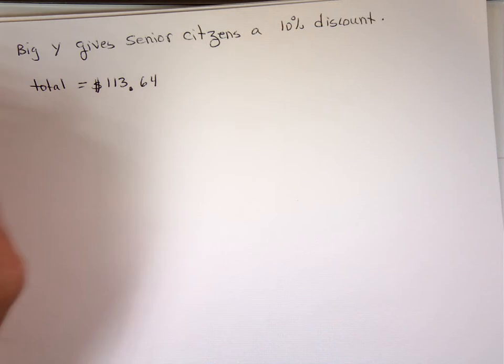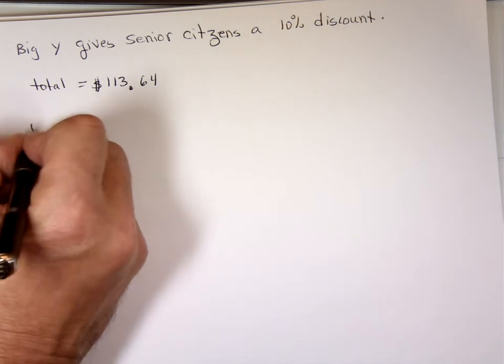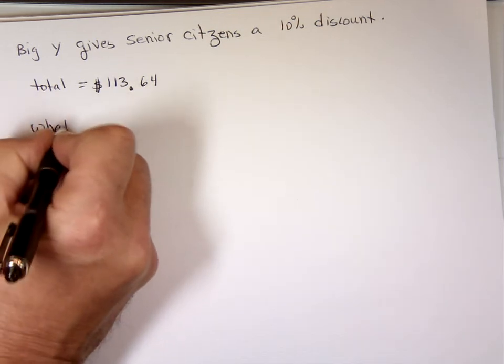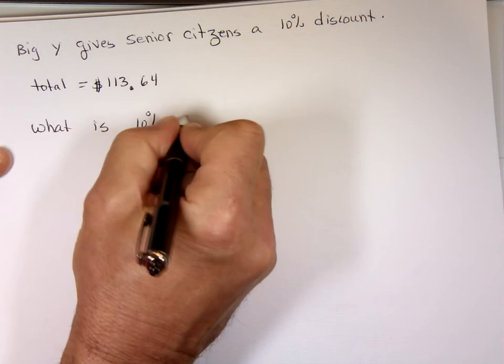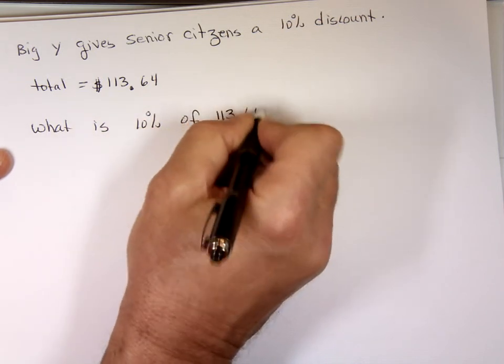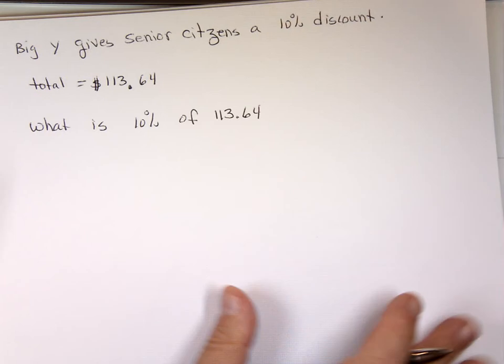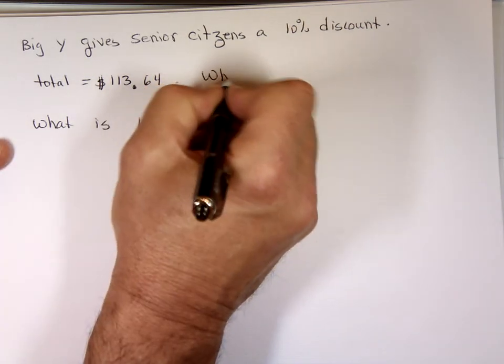Oh, Mr. Haddad, you get your 10% discount. So what is my saving? What's my discount? So what is 10% of 113.64? I'm looking for the discount.